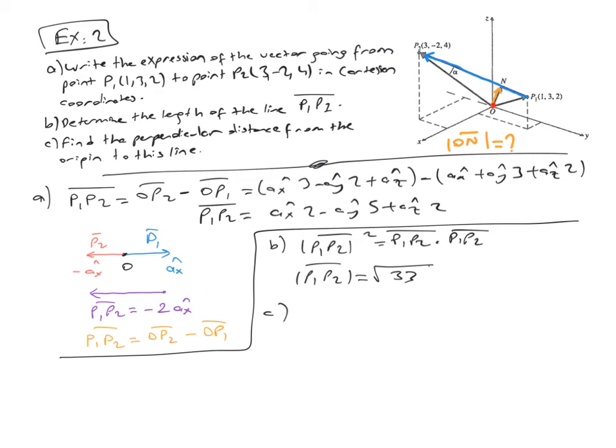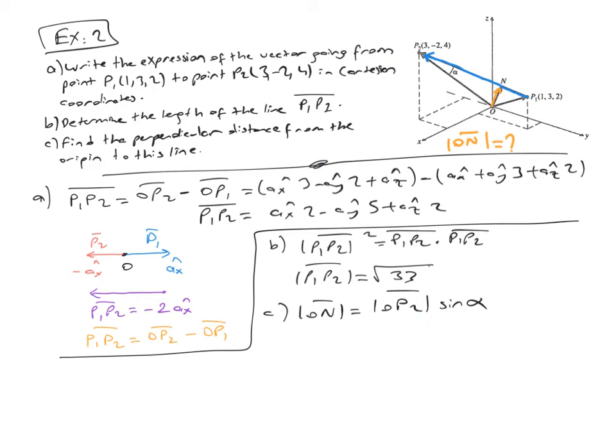Magnitude of vector ON is equal to the magnitude of vector OP2 times sine alpha. Since we are trying to reach sine alpha, we can try to get this term by using the cross product operation.